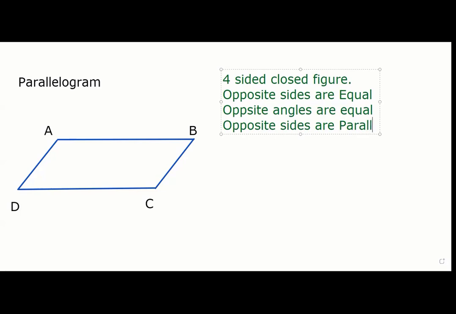We'll talk about parallel lines more, but parallel means what? Nishita, what do you mean by two parallel lines? Both lines that never meet. The distance between both the lines will always be the same. The real example is like the train runs on the track, right? They are parallel lines. So opposite sides are parallel.